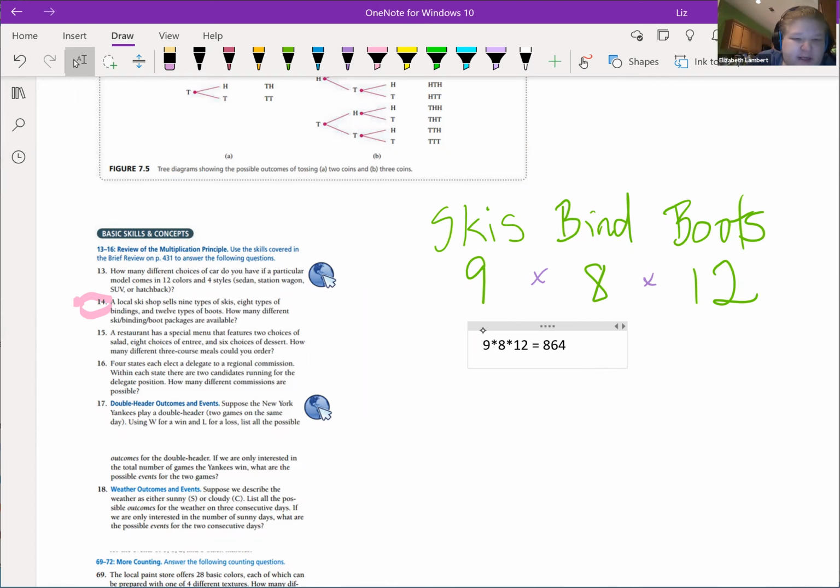Now the food ones are some of my personal favorites. A restaurant has a special menu, Chili's, that features 2 choices of salad, 8 choices of entree, and 6 choices of dessert. Well, actually, Chili's is a little bit different. Salad, you only get 2, which is going to be House or Caesar.